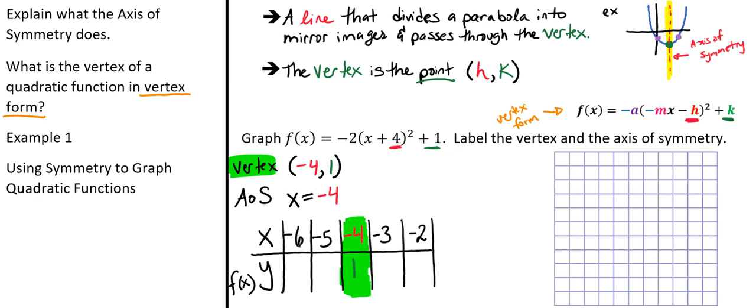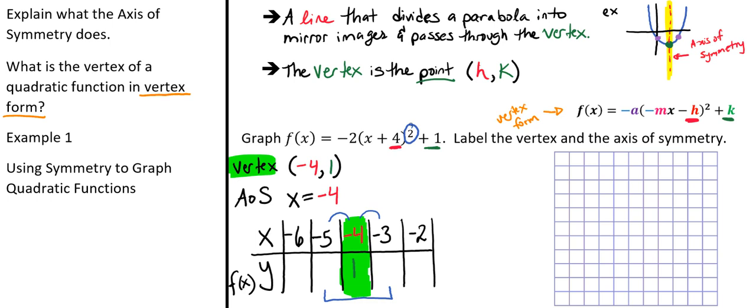Now, because we're graphing using symmetry, and the distance from -4 to -3 is the same as the distance from -4 to -5, that tells us that our answers from -5 and -3 will be the same. And that happens because this is going to be squared, right?